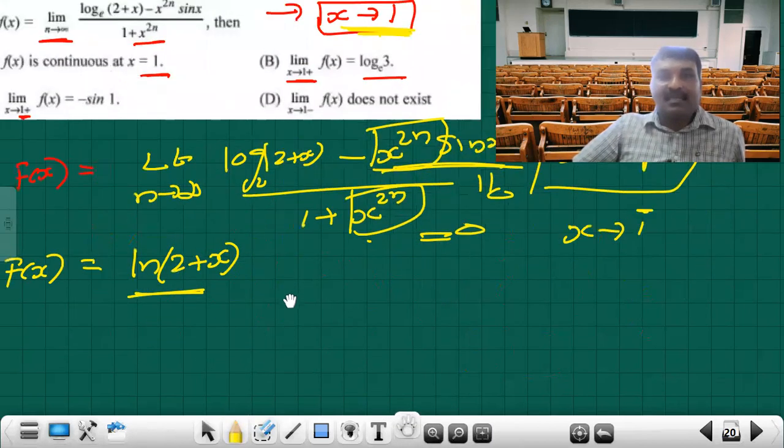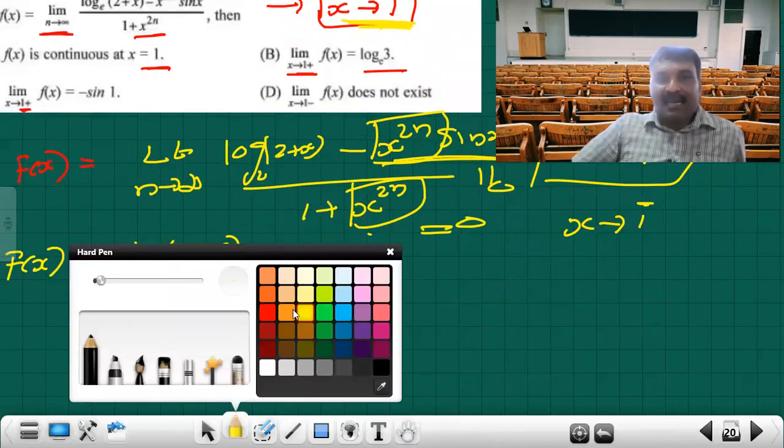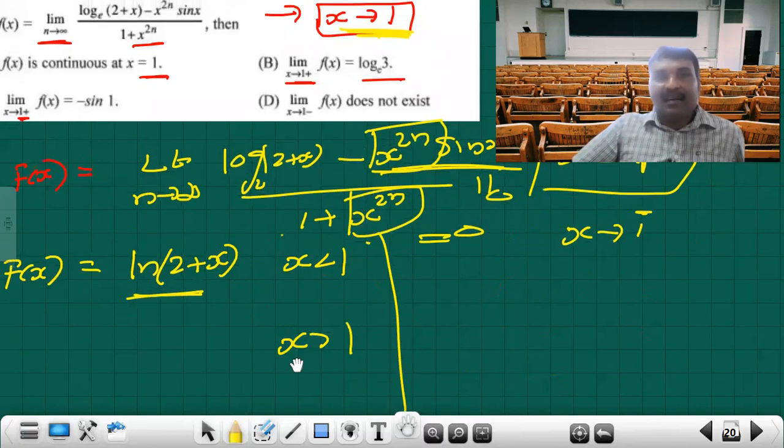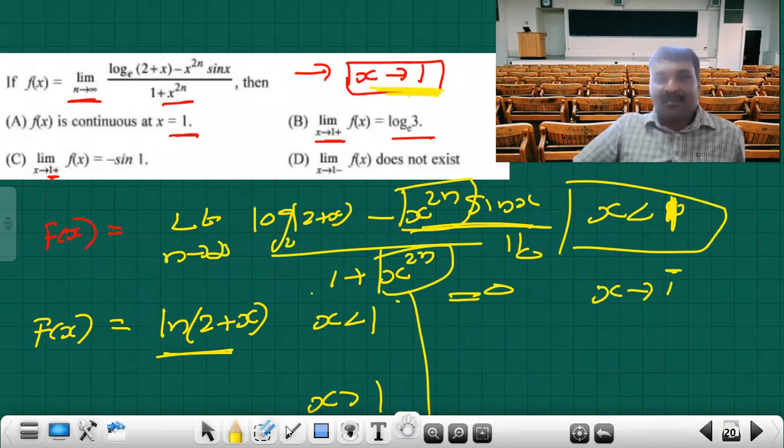Now what happens for x greater than 1? This is for x less than 1. Now we want to evaluate the function for x greater than 1. So we can write our function as limit n tends to infinity.